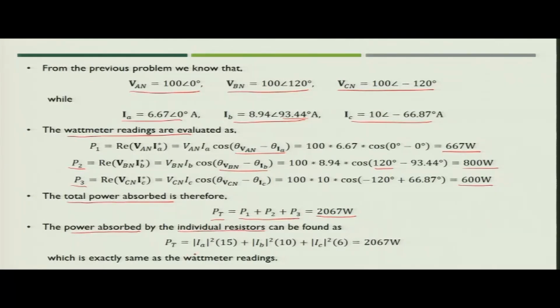We can just calculate the value of I squared R for each individual phase, and when we sum up we get the value of total power absorbed by the load as 2067 watt. So, this says that we have arrived at the correct value of real power.